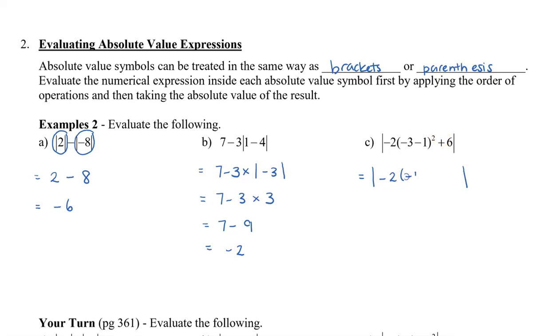So we're going to have negative 4, and then we're going to square, and then plus 6. All right, we still are not taking the absolute value yet. So we're going to now use our second order of operation, which is exponents. So we have negative 4 squared, and that's going to be positive 16.